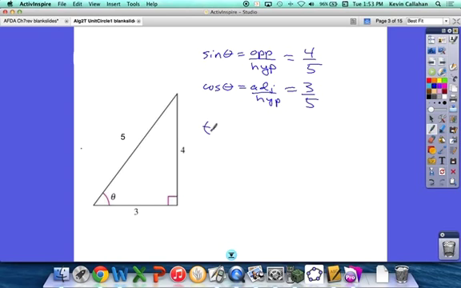And the tangent is opposite over adjacent, which is 4/3. So don't try to make those the argument of the function. The argument of the function is the angle. We don't actually know what the angle is. We could figure it out, but we're not going to right now.